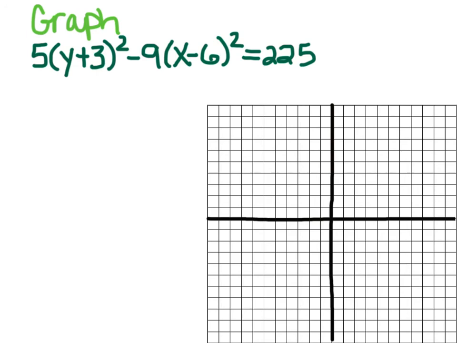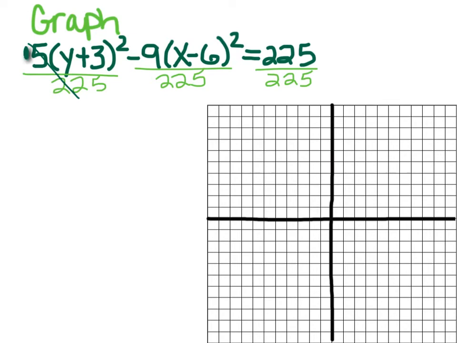Okay, here's another graph. We're going to do 5 times y plus 3 all squared minus 9 times x minus 6 all squared equals 225. So the first thing you have to do is say, oh, okay, standard form, it's supposed to equal 1. So to make this equal 1, we have to divide everything by 225. And you have to do that to each piece of the equation. So now if I reduce 5 over 225, not 5, sorry, this is supposed to be a 25.